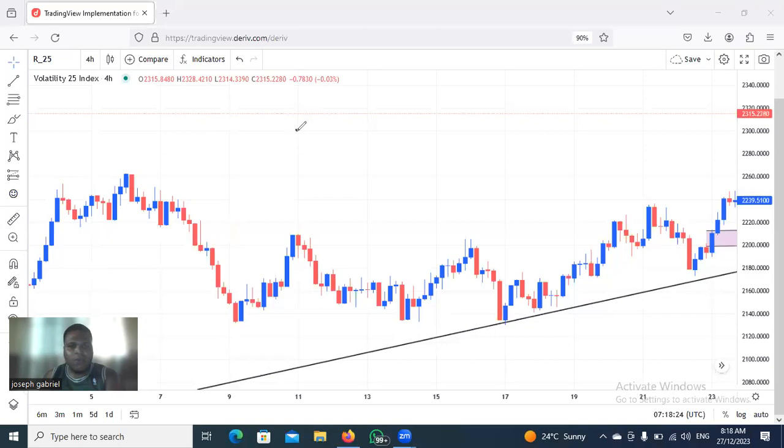So let's say we have a candle like this. I have a candle here, and we also have another candle, and another candle here. Sorry for my drawing, guys, but just understand what I'm trying to do.